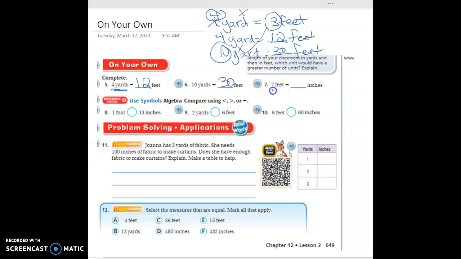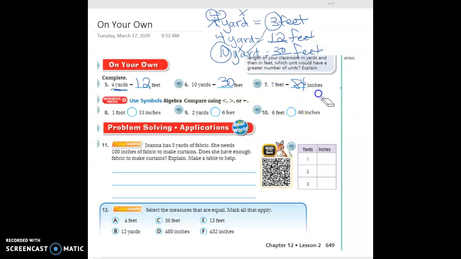I'll set it up for you. So again, we take the 7, put it here. So it's like 7 times 12, which is 84.